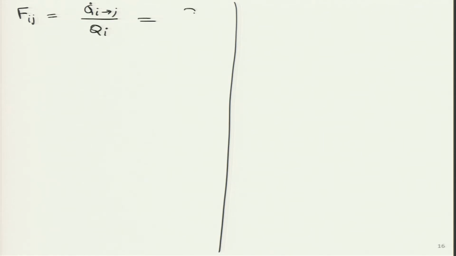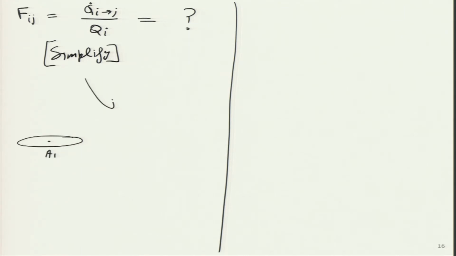Is there a way I can further simplify this expression? So, in that case, let me take two surfaces once more. Let us say this is my surface area A1, and this is the surface area A2. And what I want to find is the value of F12, which will be simply this ratio.